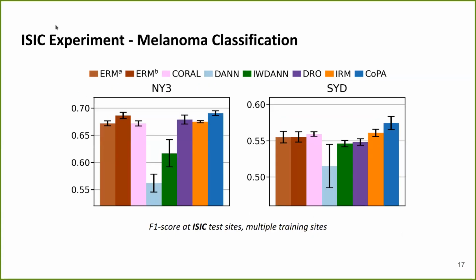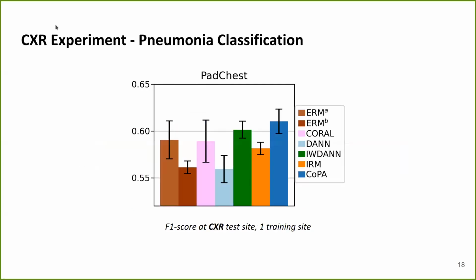For the skin cancer classification, we can see that CoPA obtains the highest F1 score compared to the other models across both test sets. Similarly, we observe the same trend for the chest X-ray experiment, whereby again, CoPA outperformed the baseline models.